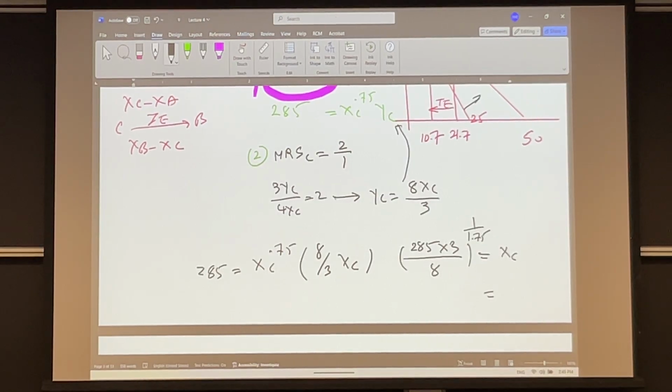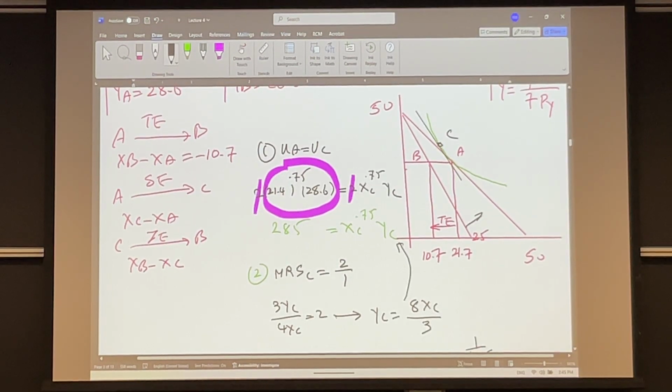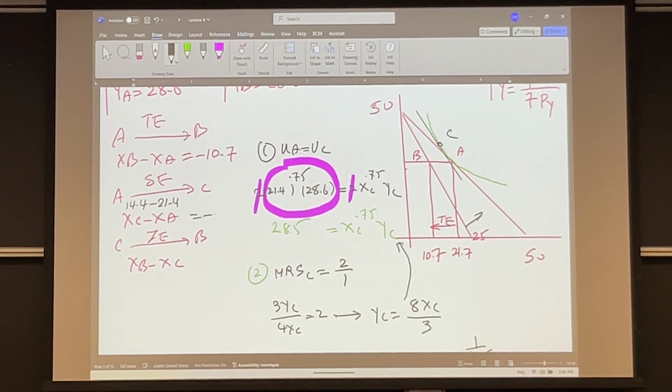What do you get? 14? Exactly? I think there's a lot of rounding there. 14.4? 14.4. Now I can plug the numbers there. That's 14.4, that's 21.4. That is minus 7.